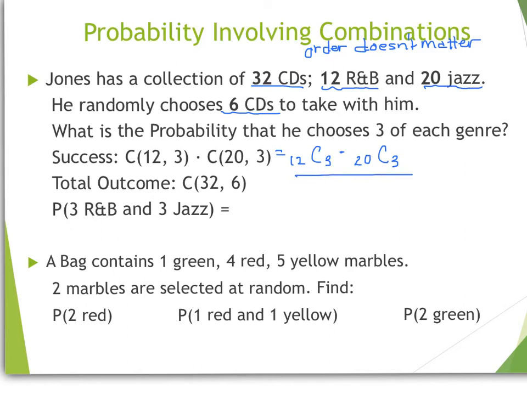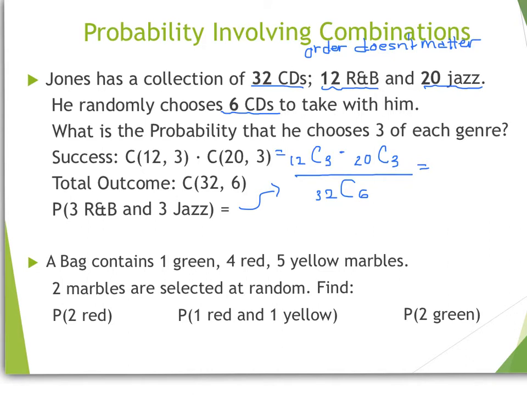Now the total sample space is the whole 32 CDs that he owns, and he's going to choose 6 of them. When we make a fraction out of that, it turns into a probability. The success is on the top, how many different combinations are possible, over the total combinations given that he has 32 CDs and is going to choose 6 of them.